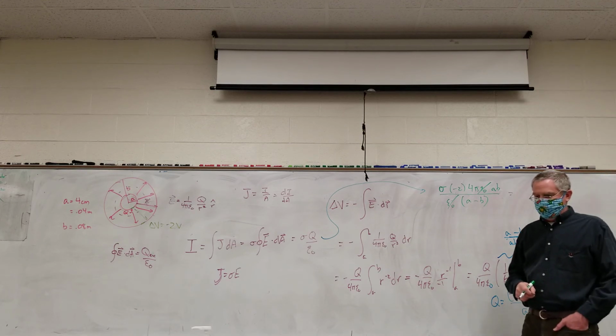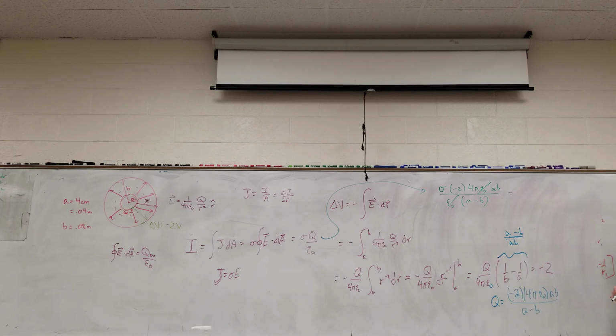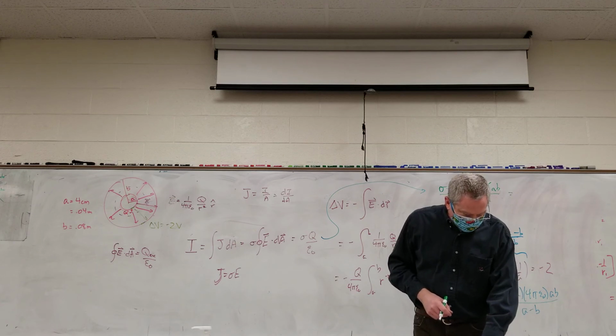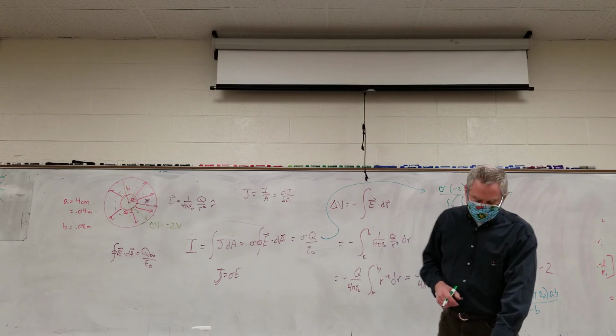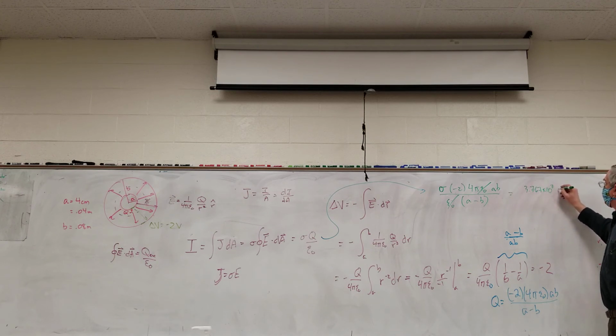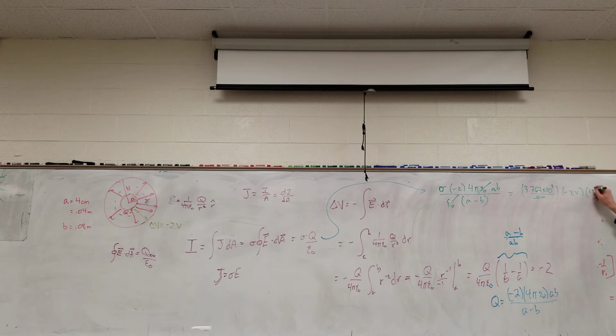And conductivity is the reciprocal of the resistivity, or you can just look it up in the table. I'll just go straight to the solution. They have 3.767 times 10 to the 7th, and that's per ohm meter, times negative 2 volts times 4 pi, 0.08, 0.04.